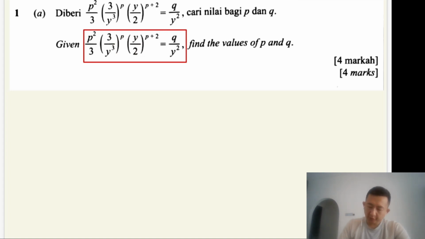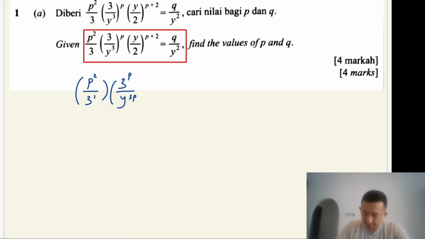So rewrite everything. P squared, 3 power 1. Since you are bringing in this P, the power will be 3 to the power of P, y to the power of 3P. Same thing applies here.